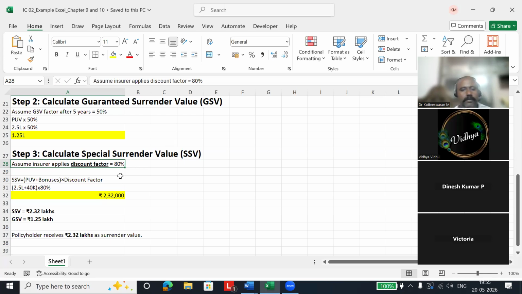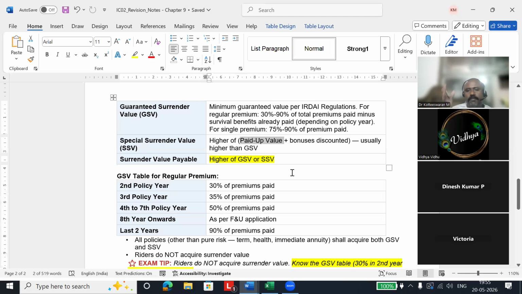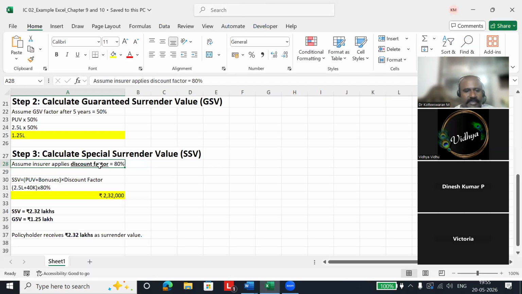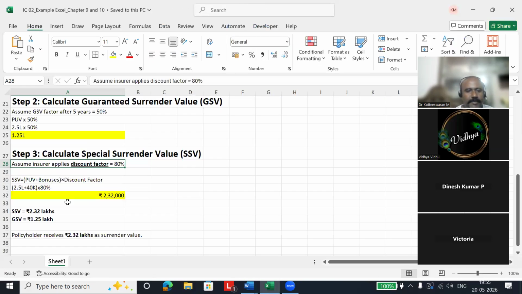So now, what is SSV? SSV is paid up value, which is 2.5 lakhs, plus bonus, 40,000. So 2.9 lakhs, into discount factor 80%. So 2.5 lakhs plus 40K into 80%. That is 2 lakh 32,000 as the surrender value if I calculate via special surrender value.